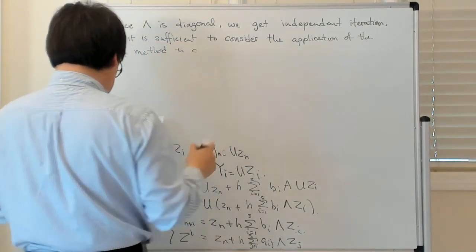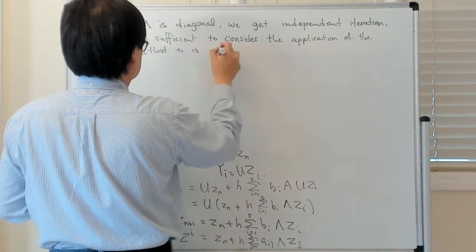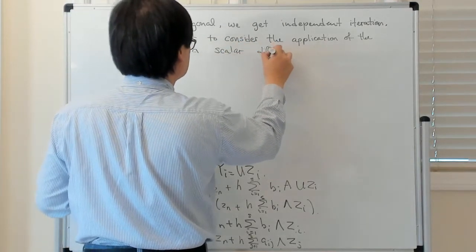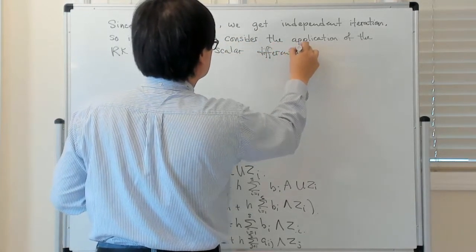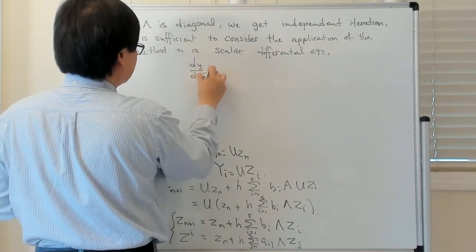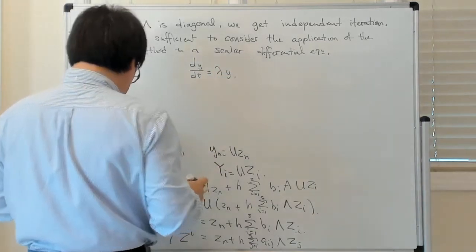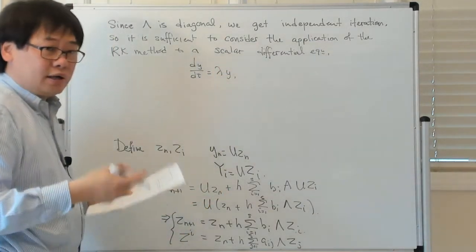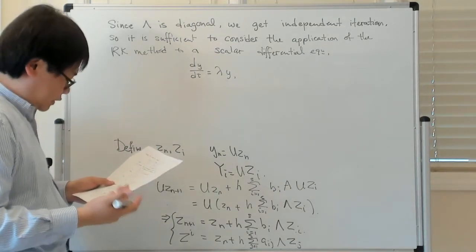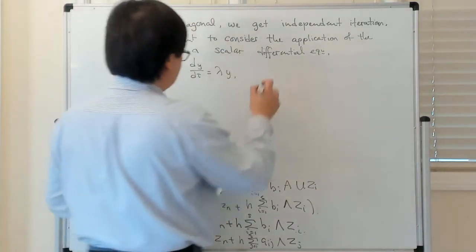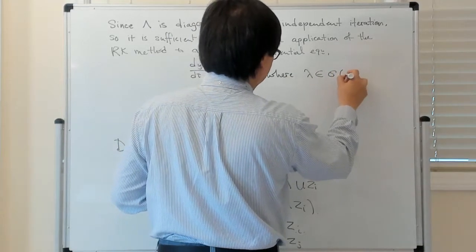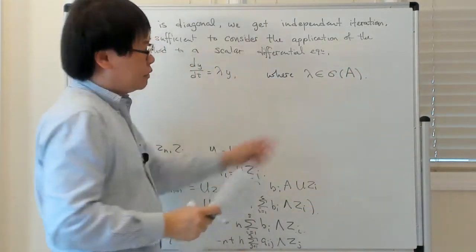So just dy/dt equals lambda times y. And the only thing, of course, is that the lambdas come from the eigenvalues of the matrix A, so you need to look at all lambdas which are in the spectrum of A. Okay, so just don't be confused.